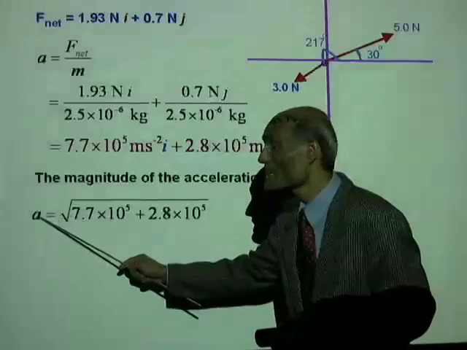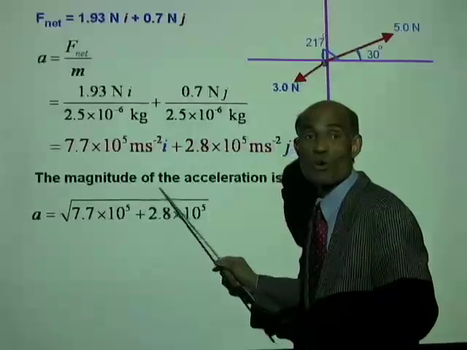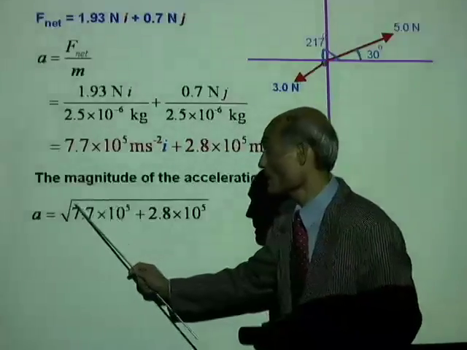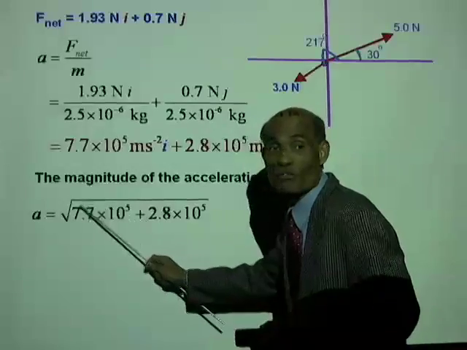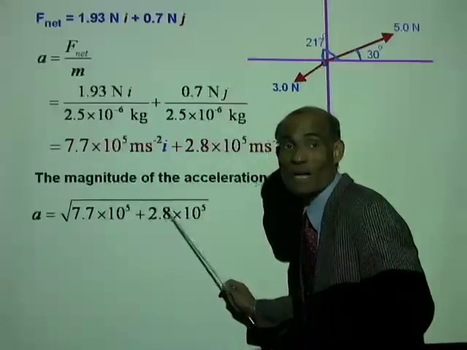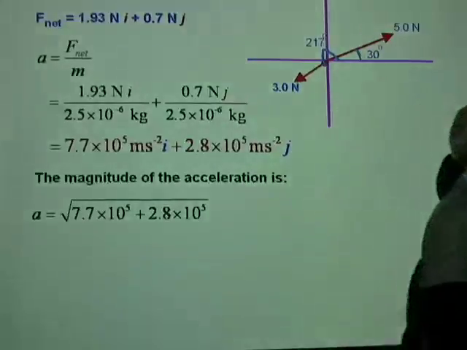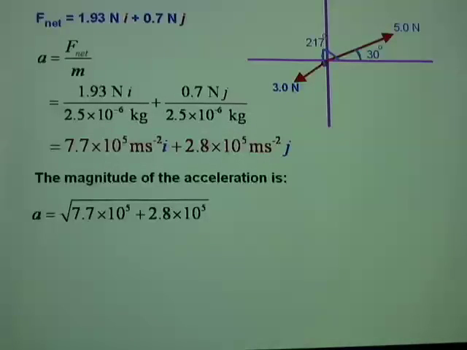So the magnitude is A equal to square root of x squared plus y squared. So you need to square those quantities. It will be like this, 7.7 times 10 to the 5 squared plus 2.8 times 10 to the 5 squared.